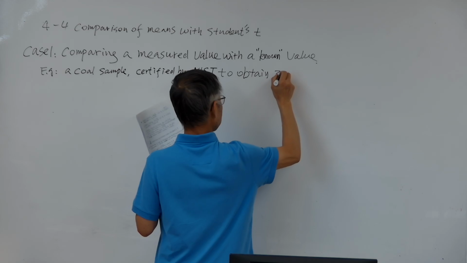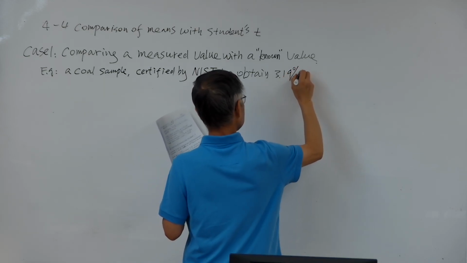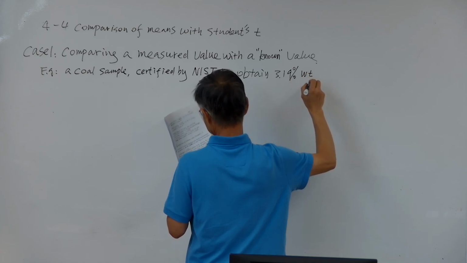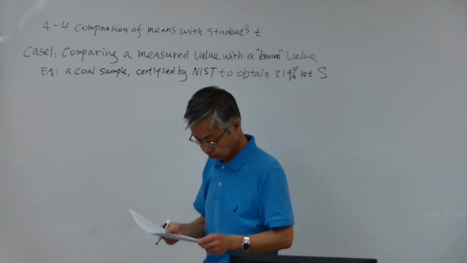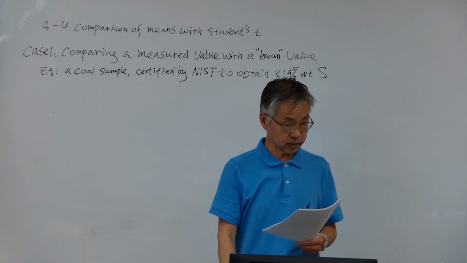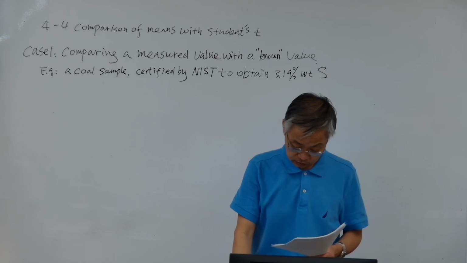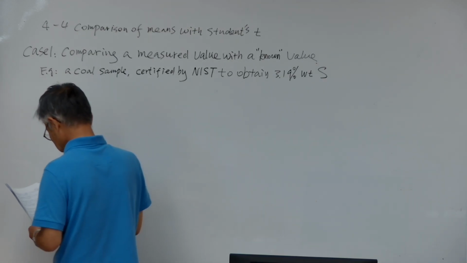The certified result is 3.19. This is the weight or mass percent of sulfur. And you test a new method to see if it can reproduce the known value.